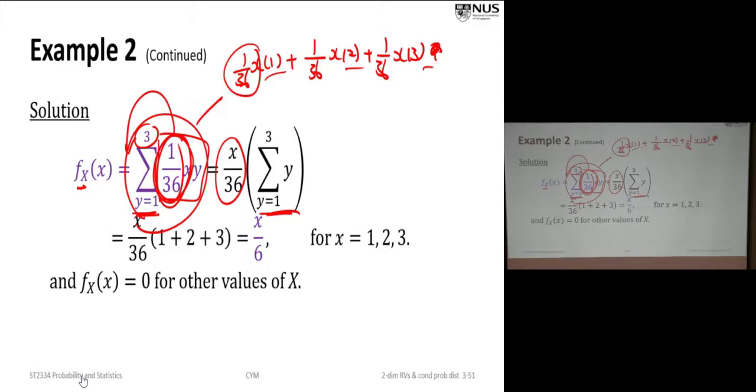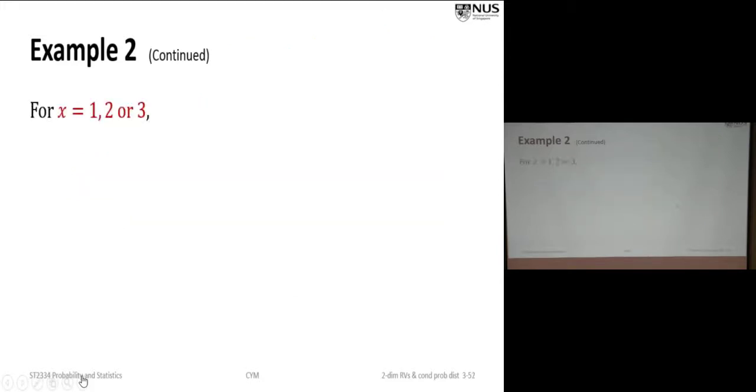Is this positive? Yes. Bigger than 0 for x equal 1, 2, 3. And you sum up all the f of x, where x equals 1, 2, 3, it is equal to 1, because it's just 1 over 6 plus 2 over 6 plus 3 over 6, which is equal to 1. Okay, then how about the conditional distribution?